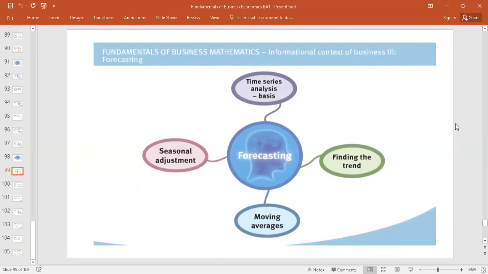Data which is collected has to be processed, arranged in rows and columns, categorized or classified, put under headings, and grouped into classes or clusters.